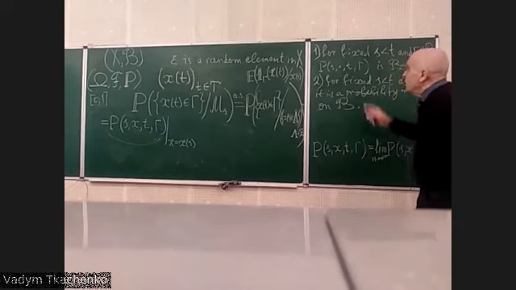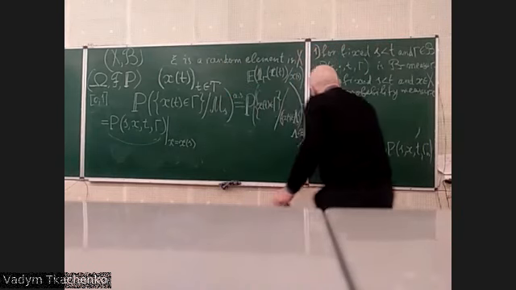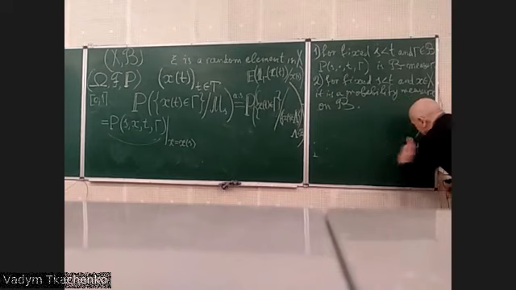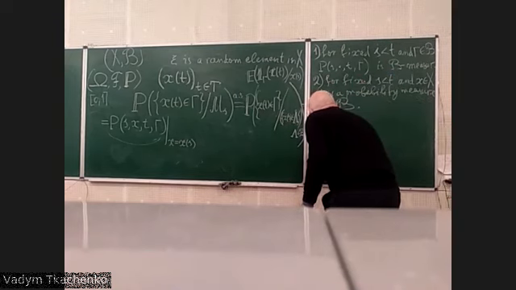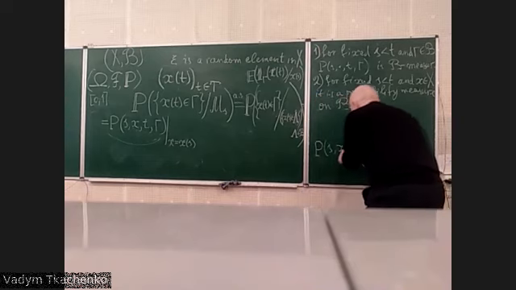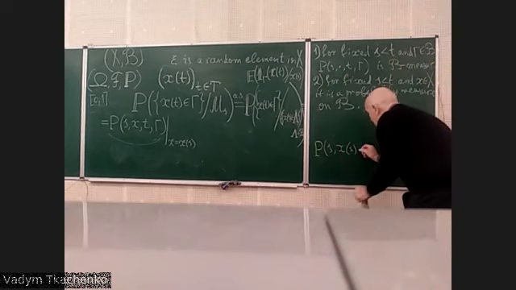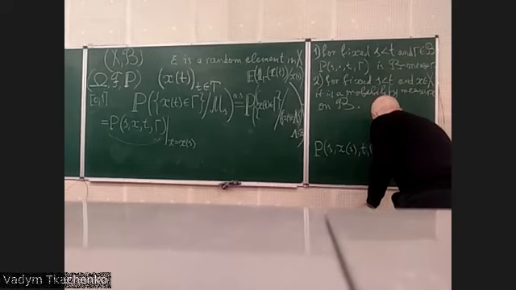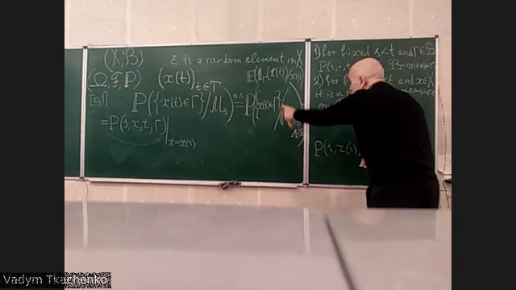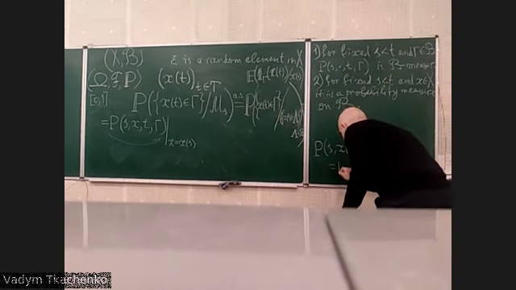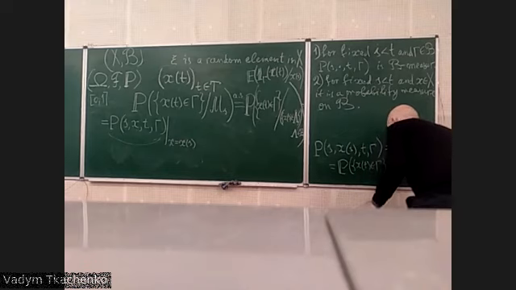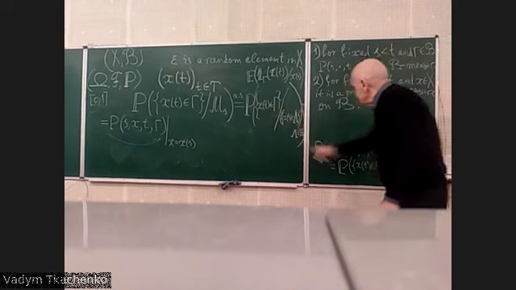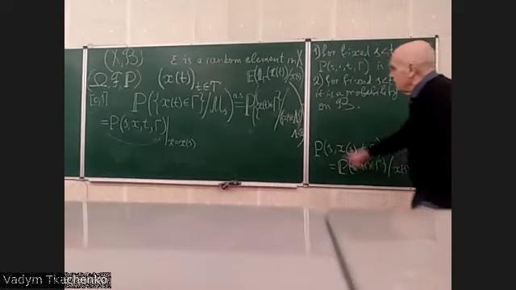And because it is the version of this function, the following property must be fulfilled. This function is such that if I put x of s instead of x into it, I receive this conditional probability, x of t belongs to gamma given x of s. This is a short notation for this probability.